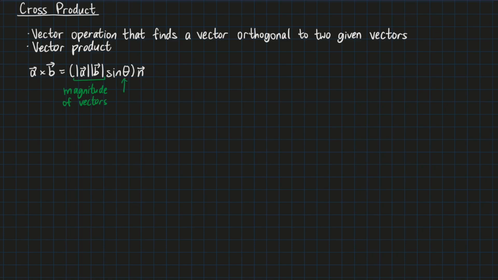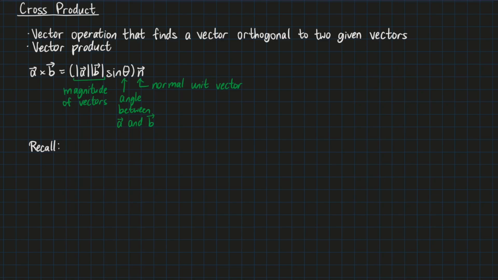Theta is the angle between vectors A and B, and n is the normal unit vector. Again, normal, perpendicular, and orthogonal mean the same thing. n just gives the direction. The magnitude is given by the magnitude of A times the magnitude of B times sine theta. So the first part is a scalar, and this is your vector.